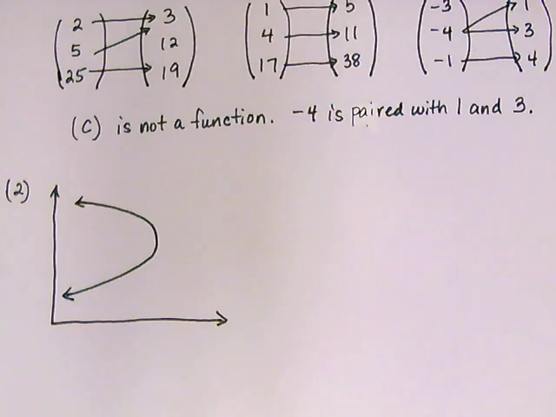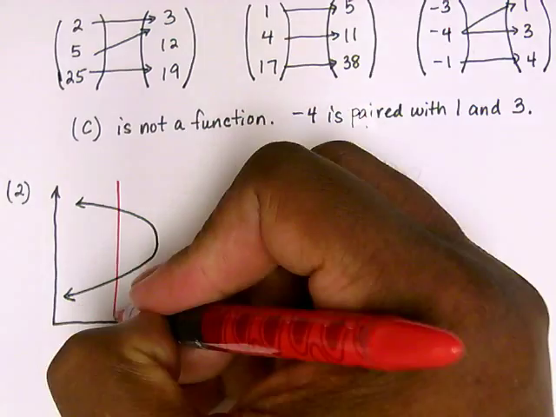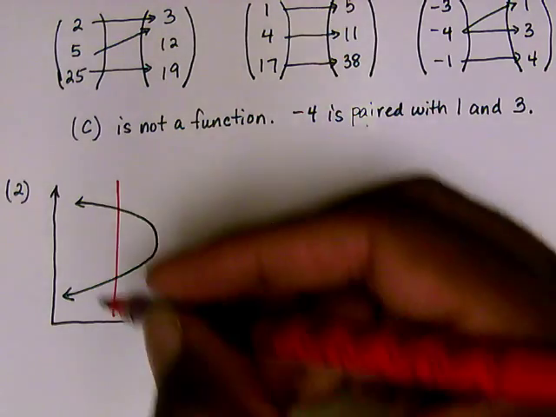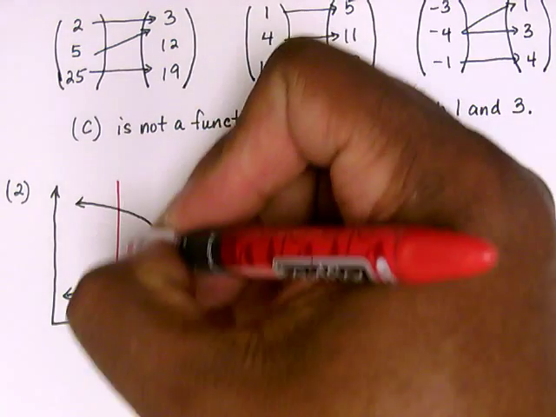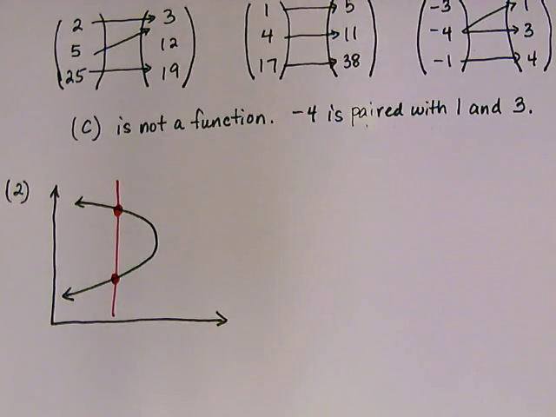Now, for this to pass the vertical line test, that vertical line can only cross the graph at only one place. So if I draw a vertical line through this graph, this graph will fail the vertical line test because you can see that vertical line crossing the graph at 2 different places.